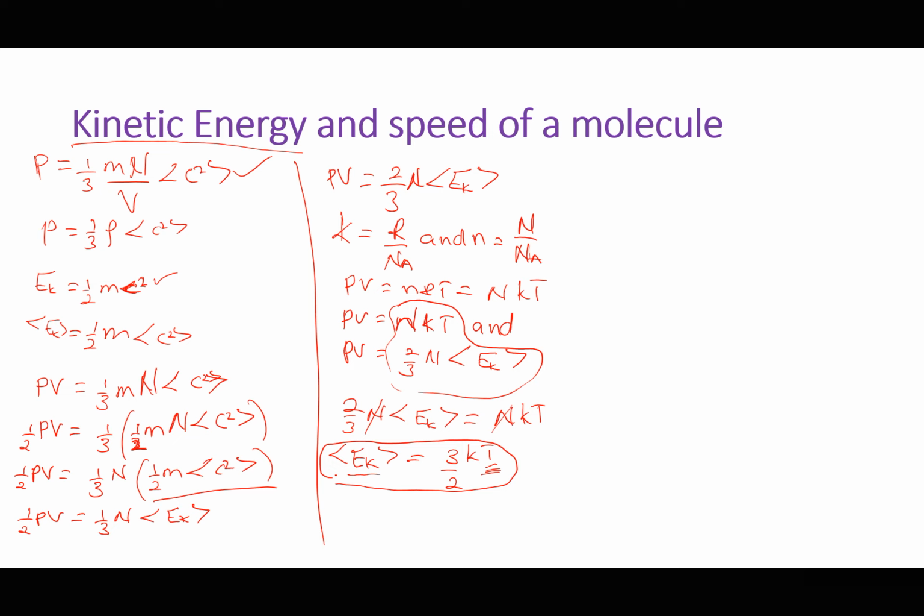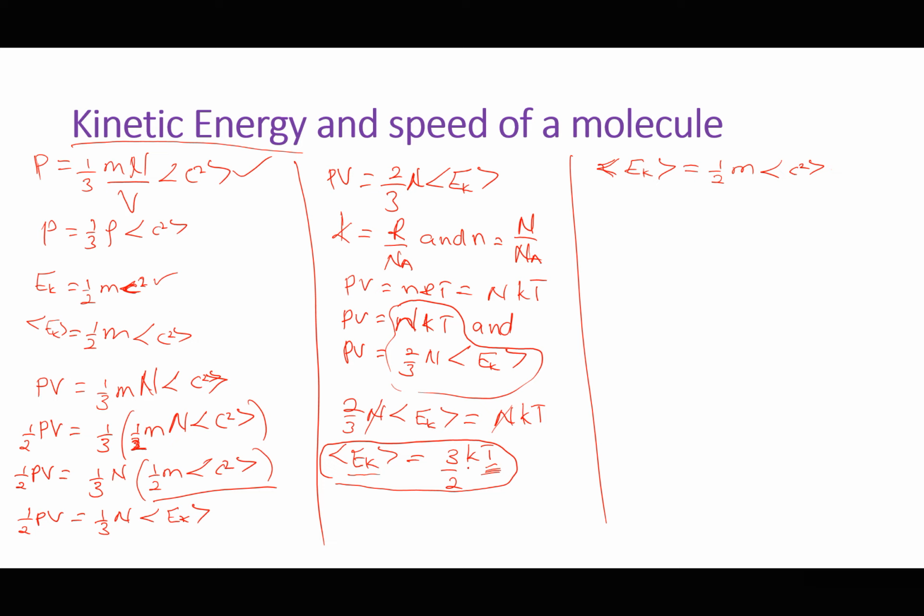And of course, since kinetic energy is half mv squared or half mc squared, the higher the speed of the molecules. So this relationship enables us to obtain an idea of the average speed of the molecules. Let's see the average speed of a given molecule in all directions. So we have that the average kinetic energy, EK, is equal to a half m average speed squared.